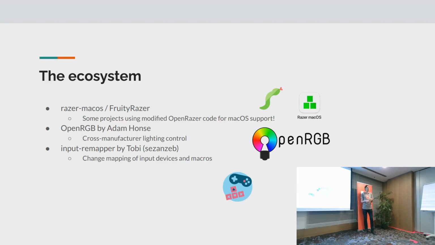The macOS projects, if someone goes to them to request support for a new device, actually say, hey, OpenRazer needs to add it first, because then they can integrate the code into their code base. Fair. But no, we didn't get any direct code contributions, apart from maybe 2 people adding their device support, probably via Linux.